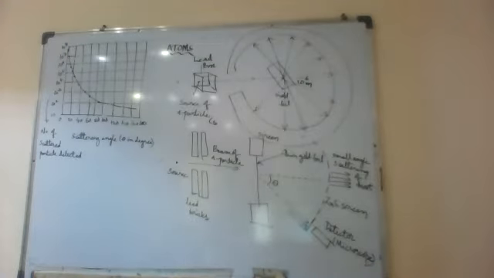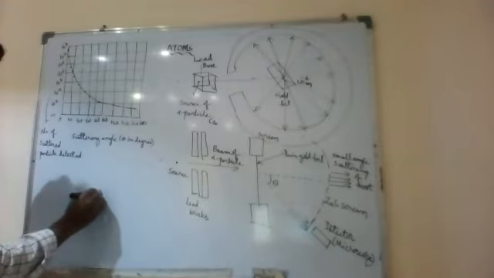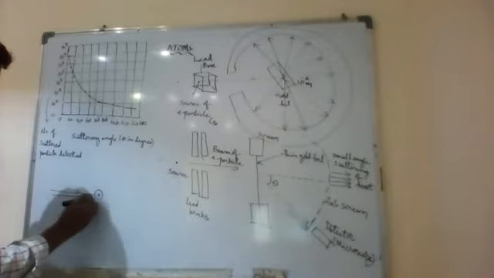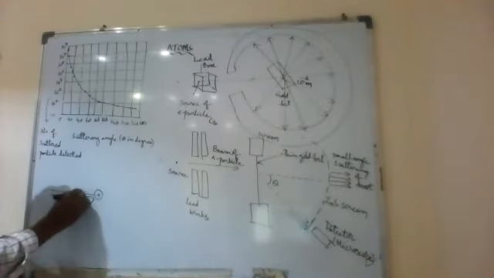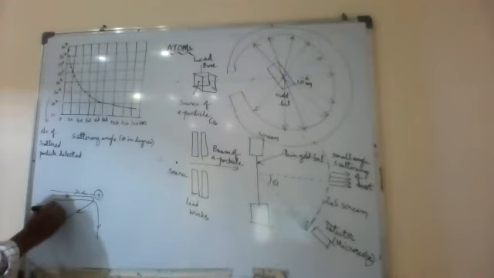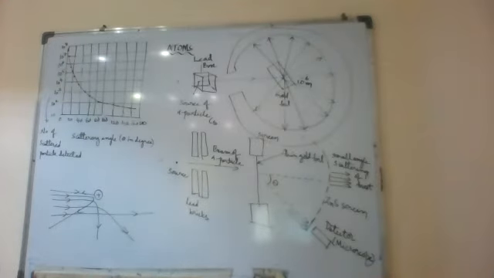Then what exactly he found out, we also discussed here. Suppose this is the nucleus. And that is the number of scattered particles.